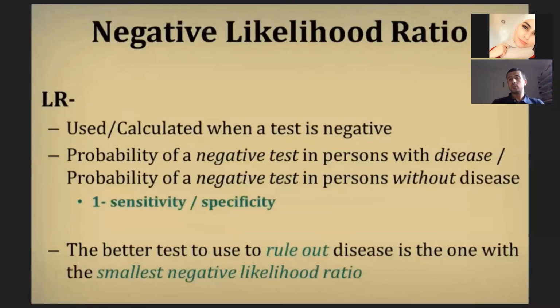What is the negative likelihood ratio? Do I need it to be high or low? Remember that I just need to link it to one of those. So, Rama, tell me.